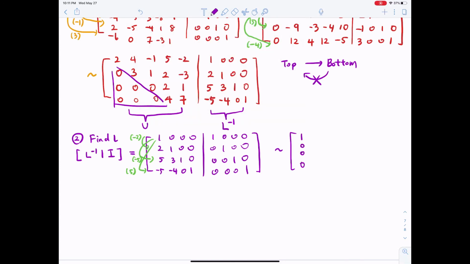If you do all the calculation, you get 0, 0, 0, 1, 0, 0, 3, 1, 0, -4, 0, 1. And on the right side, we have 1, 0, 0, 0, -2, 1, 0, 0, -5, 0, 1, 0, 5, 0, 0, 1. And you do the same thing for the second column.